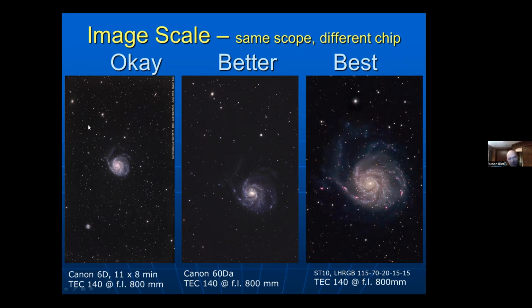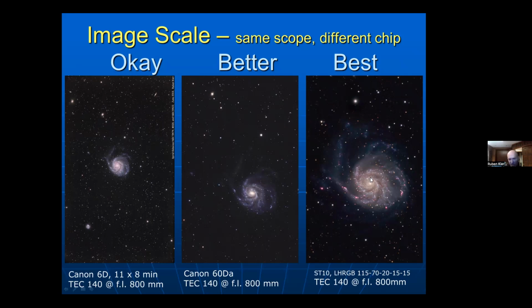So this is an interesting frame. This might be a little bit better framing, using a different camera that has a smaller chip, same object, balancing out, we'll kind of get the center of gravity by putting a bright star in a corner. But I think this is such a beautiful object.